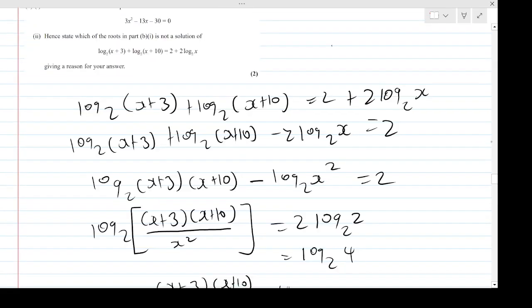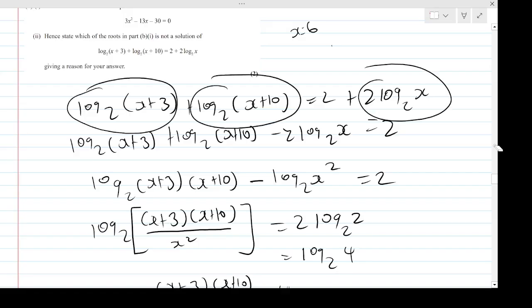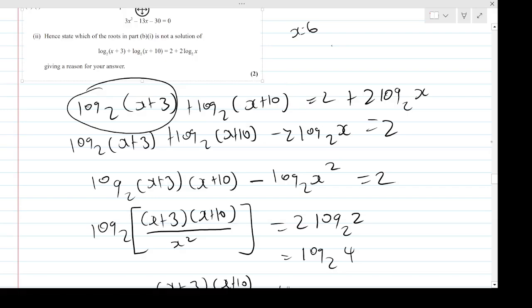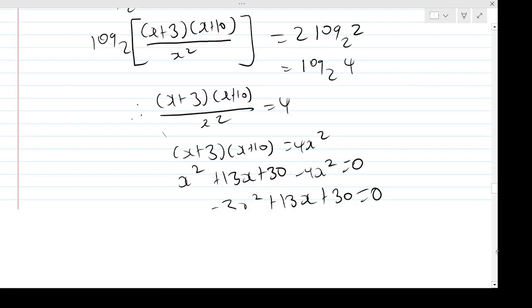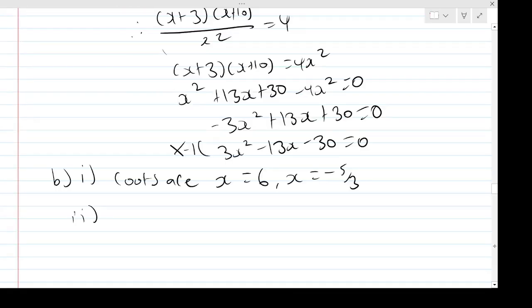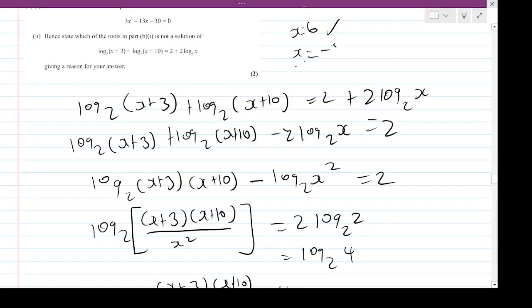So firstly, if x is 6, if we plug that into every single log originally, into these three logs here, firstly, x plus 3, that'd be 6 add 3, that's 9, that's positive. 6 add 10 is 16, that's positive, and x is 6, that's positive too. Great, that actually can be a solution, which means the other solution, x equals minus 5/3, probably isn't going to be the right one.